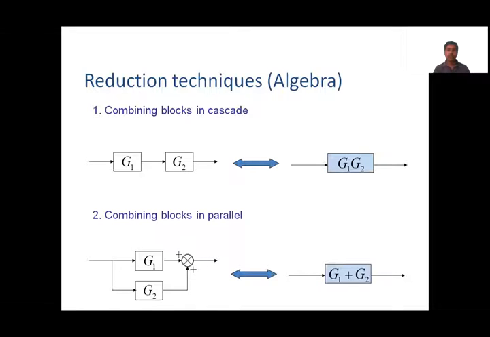So the input and output will remain the same, and the signal node points will be the same, but in the middle of the input and output signal, whatever system blocks are there are reduced to a single block. That is called reduction.